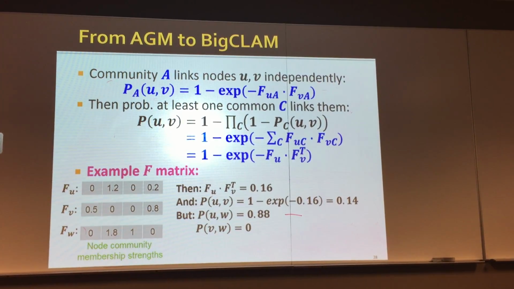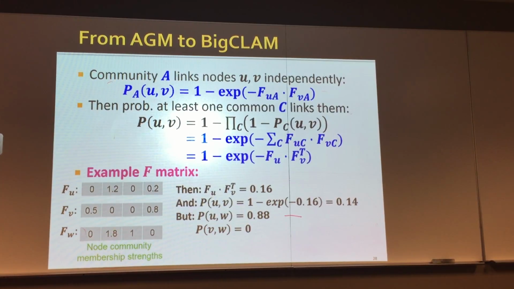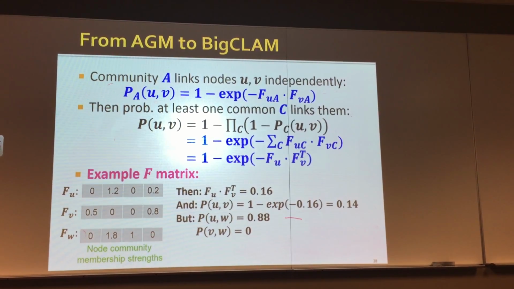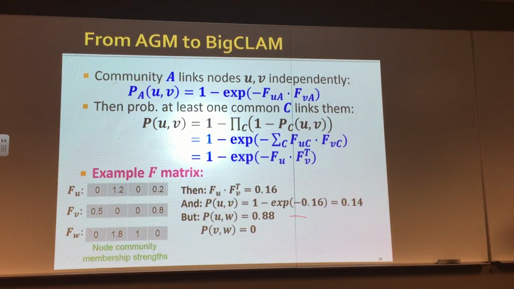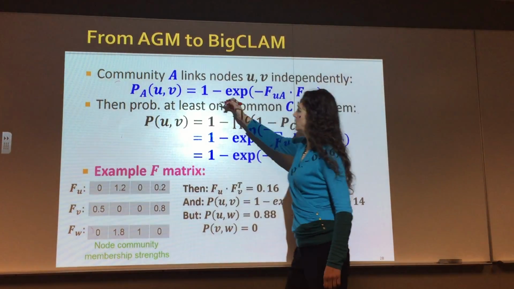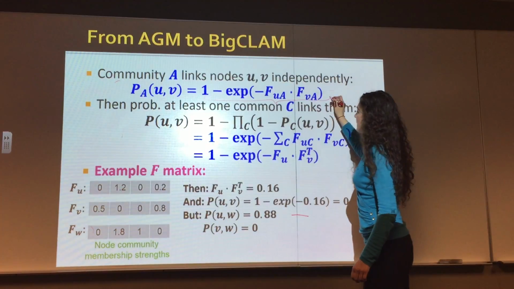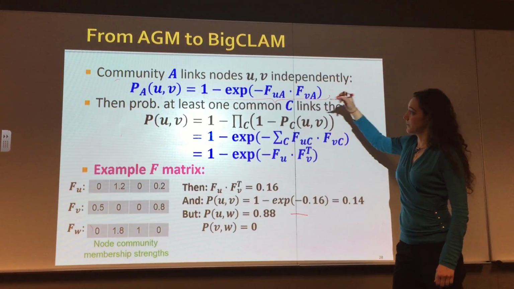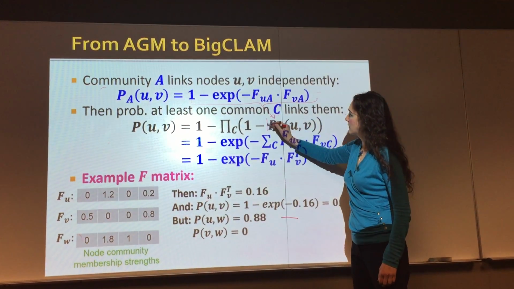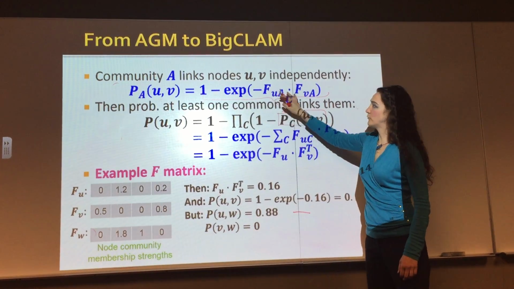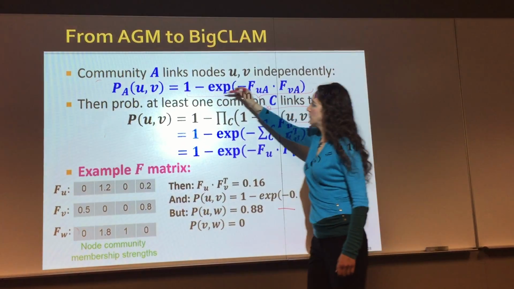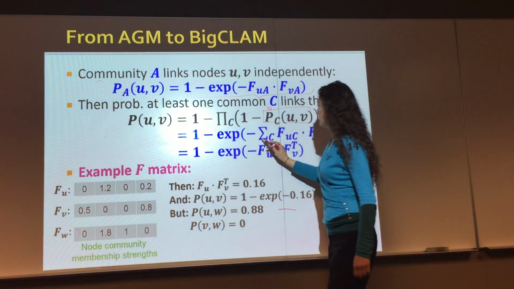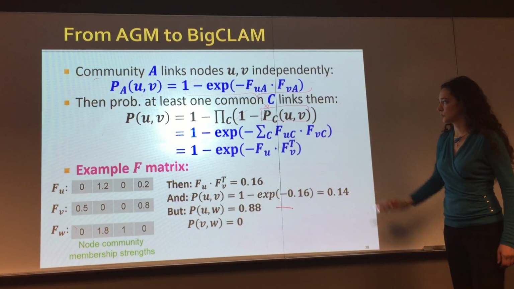Because if we have multiple overlapping communities, this up here is for a single community, and so we're gonna replace that here. And if we replace that here, the ones will cancel out, and we're gonna get this as the result.